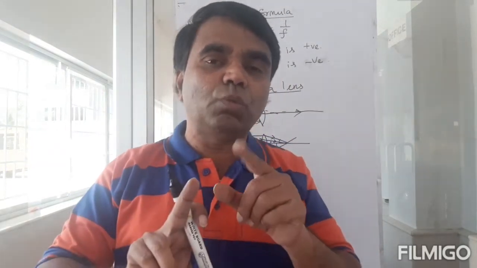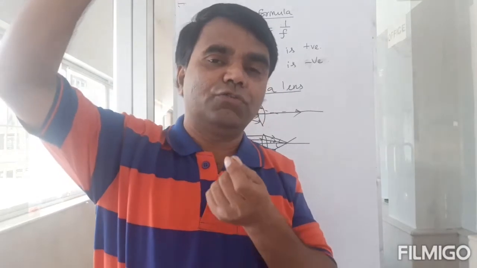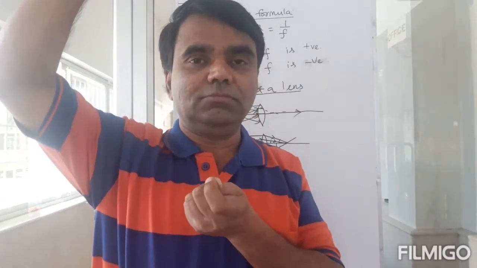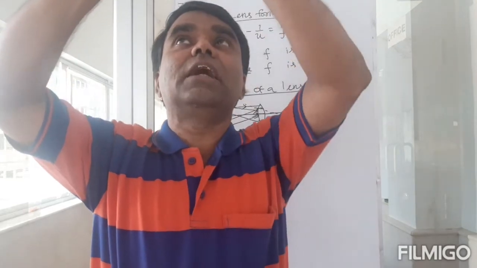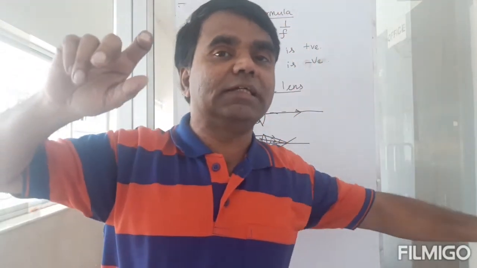I'm going to take the ray which is 1 meter high from the lens, and I'm going to see at what angle that particular ray is bent. And that angle is what I'll call the power of the lens.